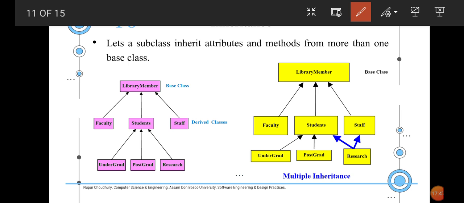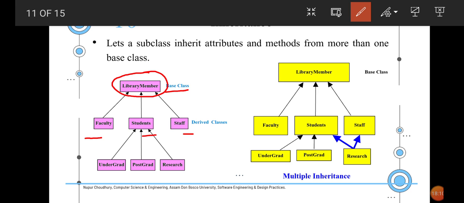First of all, let us consider this as the base class, and these are the derived classes. When we are talking about derived classes, essentially these derived classes will be inheriting attributes and methods from more than one base class or at least one base class.